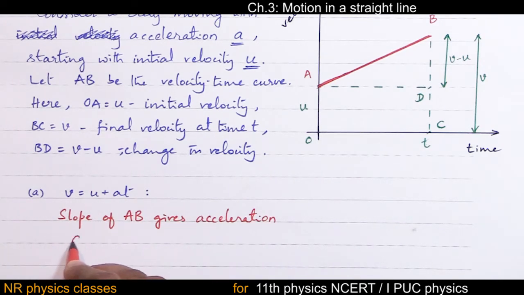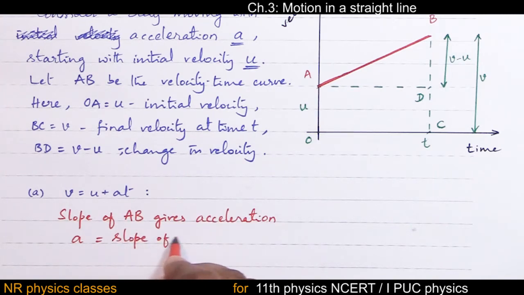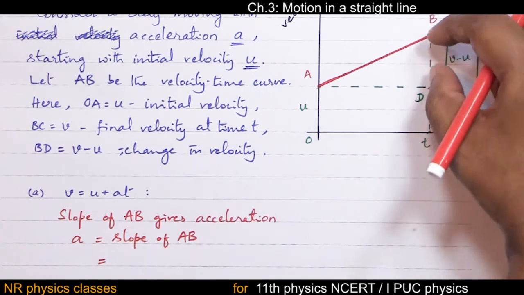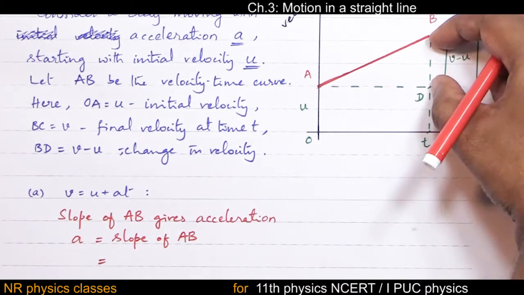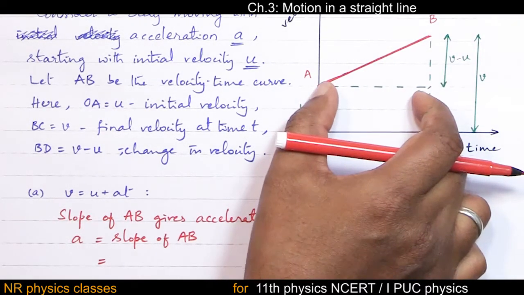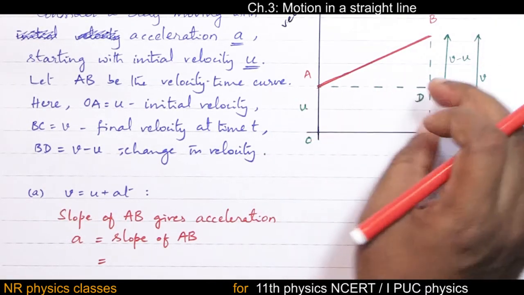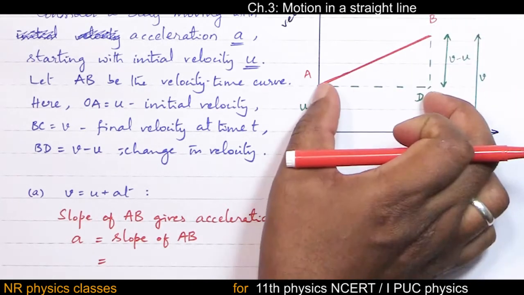So acceleration a equal to slope of AB, and slope means y component by x component. It is BD by AD. It is always y component by x component.